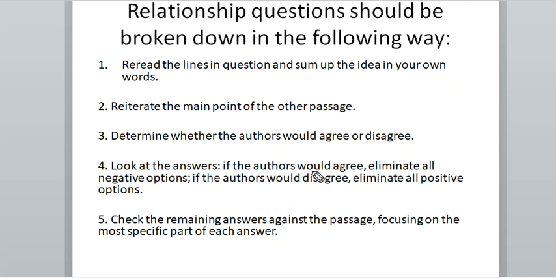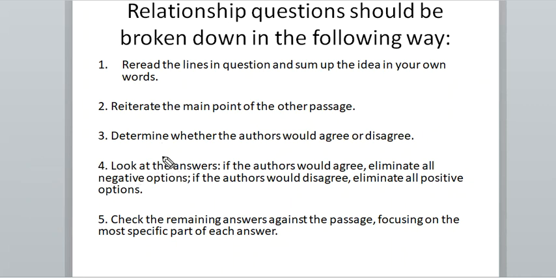If the authors would agree, eliminate all negative options. Here we're back to playing on the negative positive role. So whenever the author is opposing, he has to have some sort of negative perspective.